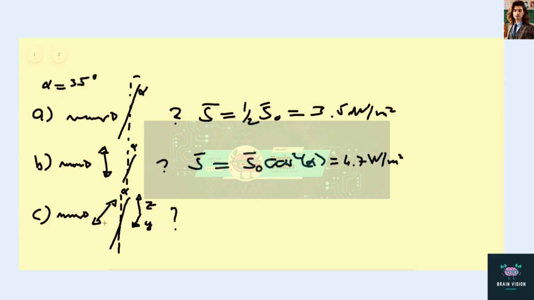Okay, so for the last problem, we have a wave coming in that is polarized parallel to the y-axis. Now the y-axis makes 90 degrees with the z-axis, but what we have to figure out is what angle it makes with the polarization axis.